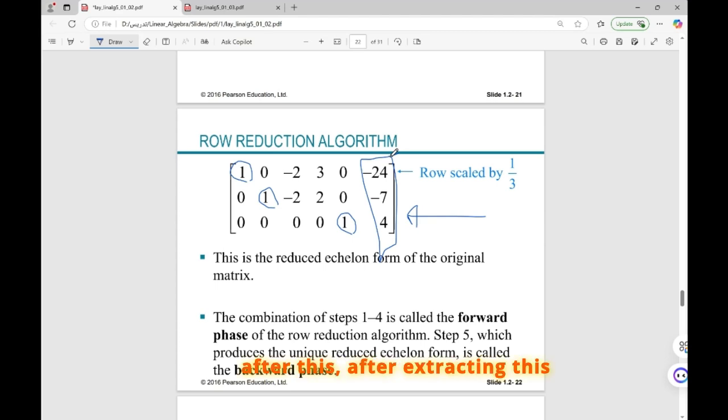So after extracting this reduced echelon form, you notice that no contradiction occurred. So it has at least one solution. So the first column is basic variable. What about the second column, x2? Is it basic or not?